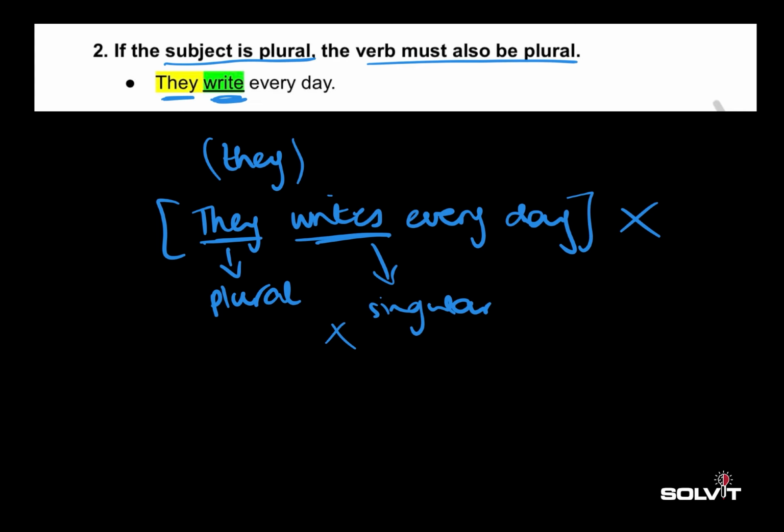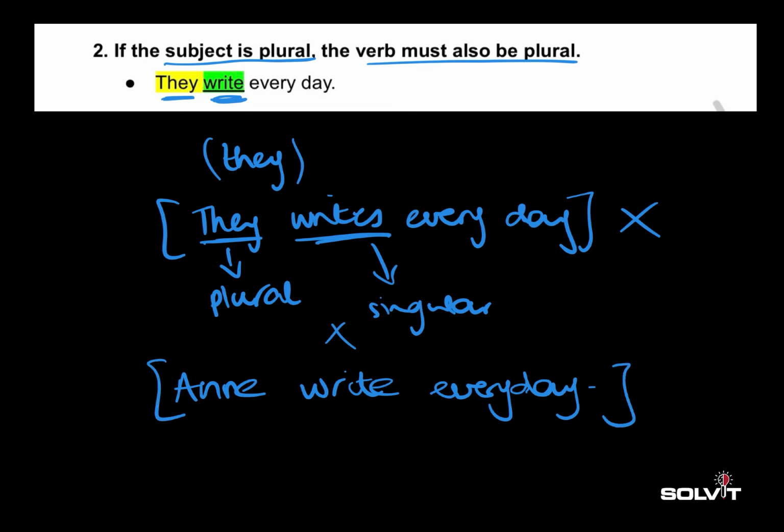Similarly, if I want to say "An write every day," this sentence is also incorrect because "an" is singular and the word "write" is plural in this context, right?